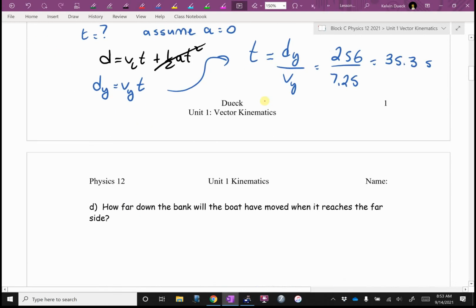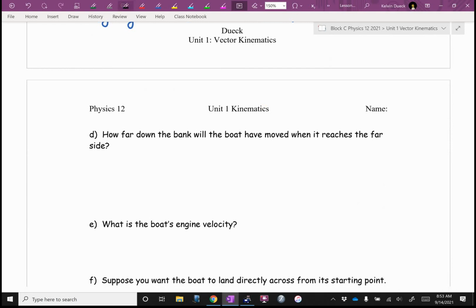Again, a is 0, so I'm going to start out with d equals vt, dx equals vxt. Folks, what was vx? 3 point something, I think, wasn't it? 3.38? I don't know the time it went sideways.